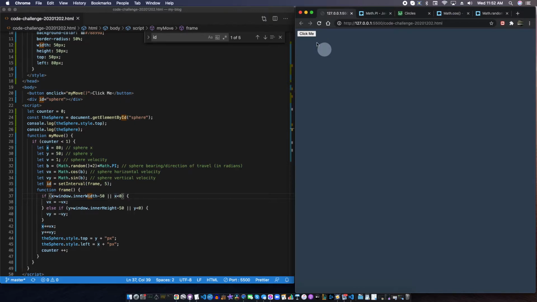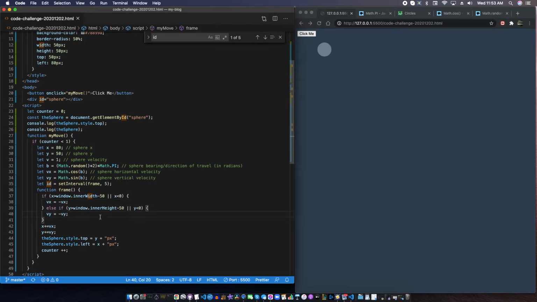And so I need the minus 50, because if I didn't have the minus 50, then the whole sphere would go just off of the screen before it bounced. But I don't need the minus 50 here, because the point we're talking about is this point in the upper left corner of the rounded square. Vx equals minus Vx. And Vx is math.cosine of this random number, and we are all set up, and it's good to go.